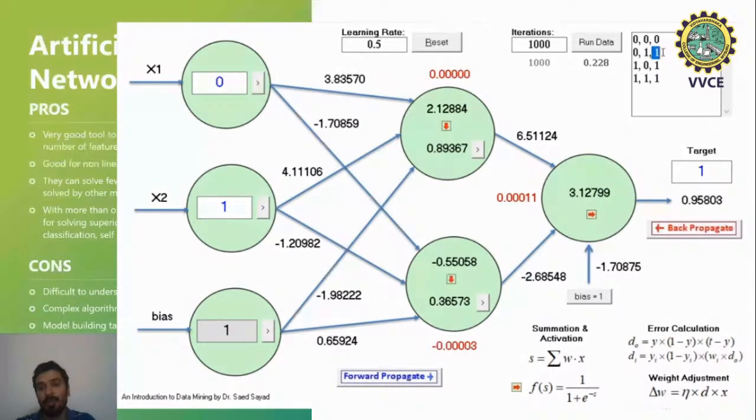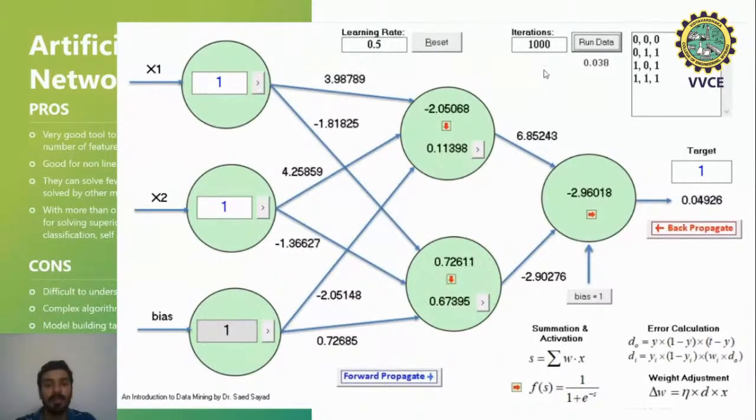If you feed 1 and 0 to the network, you see again the value is around 1, which is what we were targeting, right? And if you feed 1 and 1, the output is around 0.99, which is again very close to what we were expecting. Okay, so let me just go ahead and run another 1,000 epochs. Now if you see, suddenly the error has decreased because the model has learned something. Okay, it's really good now.